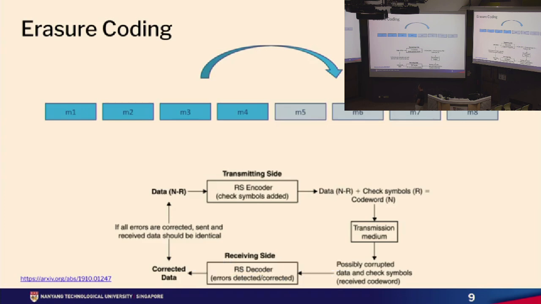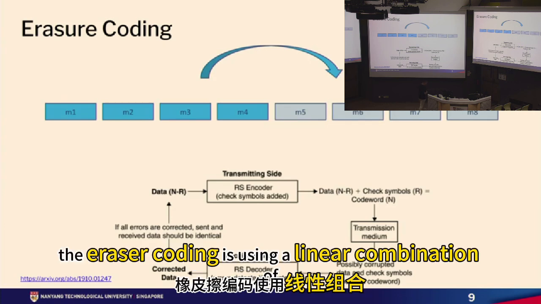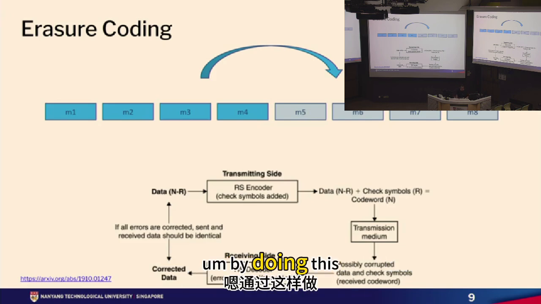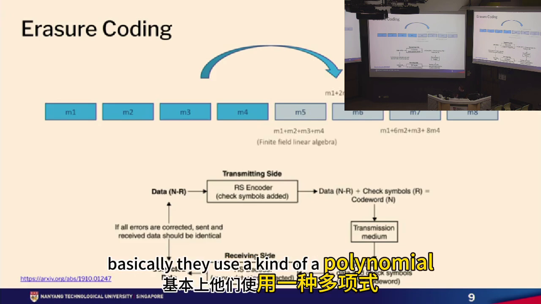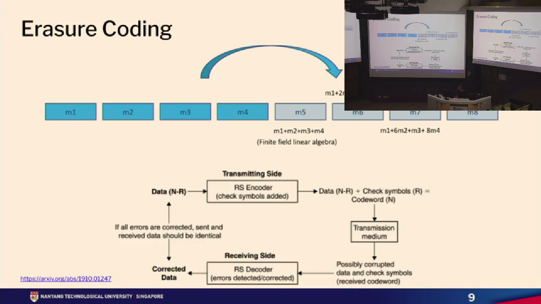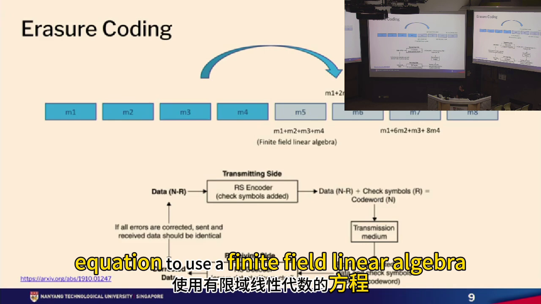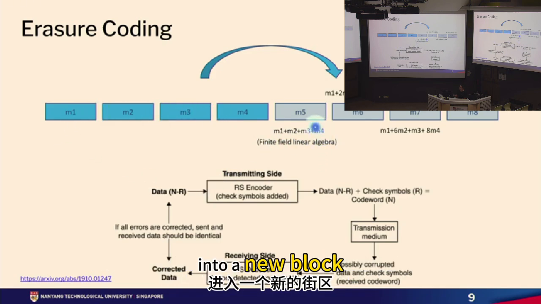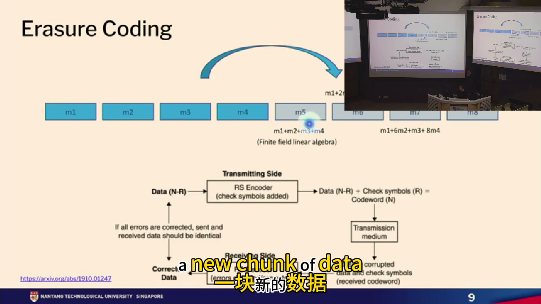Basically, erasure coding uses a linear combination of all the M1 to M4 chunks of data. By doing this, they use a polynomial equation with finite field linear algebra to add all these blocks together into a new block, a new chunk of data.